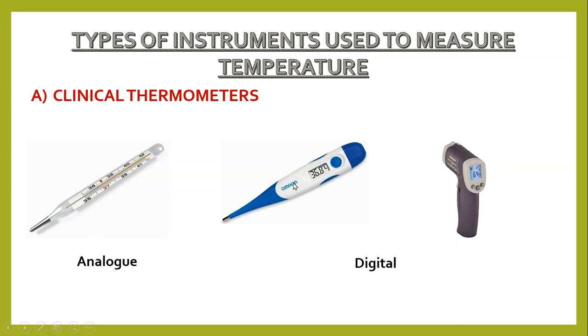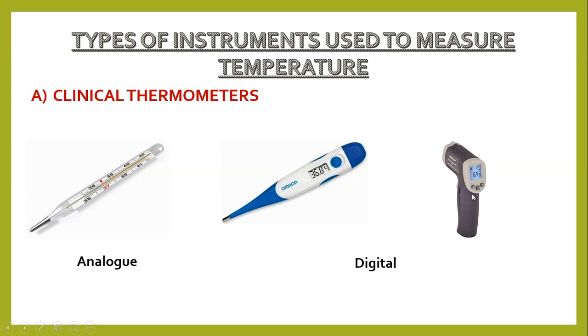Then beside this one is what has come to stay. It was in the system before, but its demand has become high in this era of coronavirus. Now, the difference between this and this is that this one needs direct contact with the patient. It is put in the mouth or in the anus or in the armpits to read the temperature.